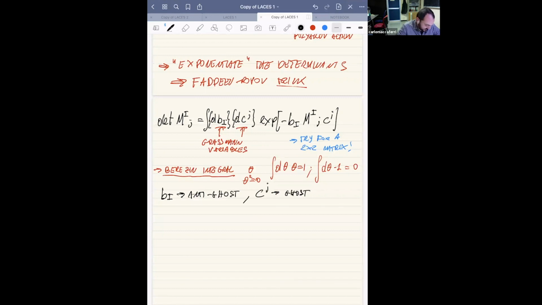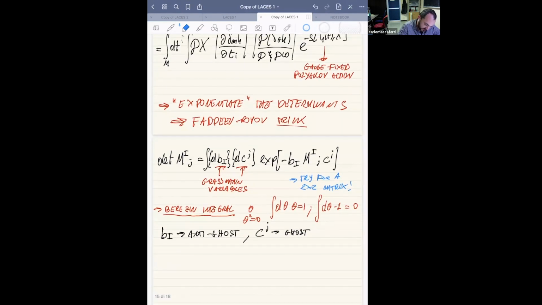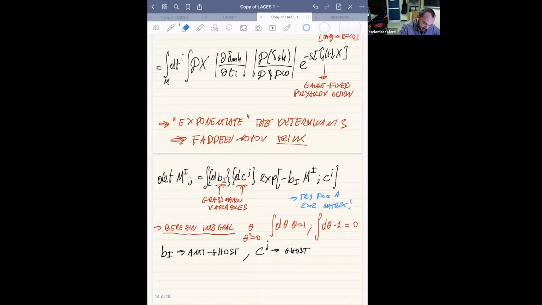So now the idea is that using this identity we can take these determinants. This is the product of two determinants, so this is like the determinant of a block diagonal matrix, which is, sorry, I always forget to take out the eraser.